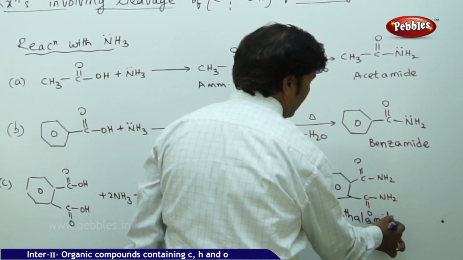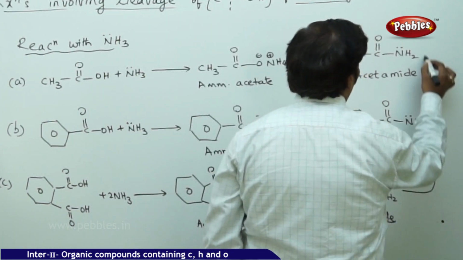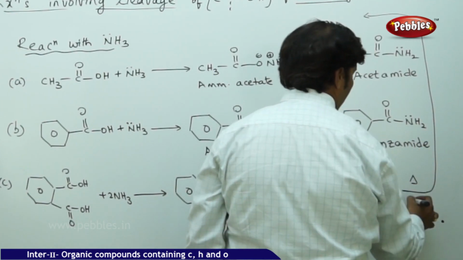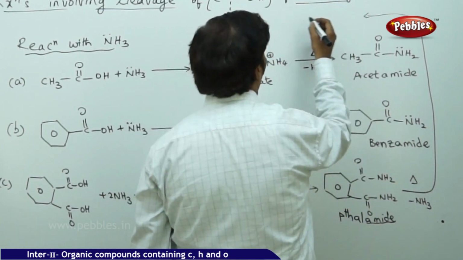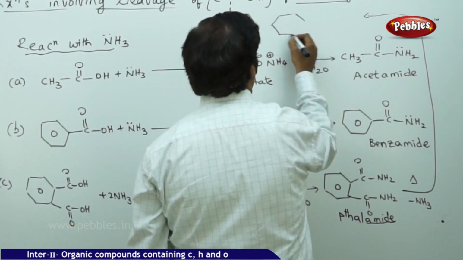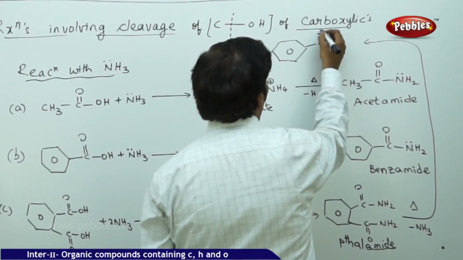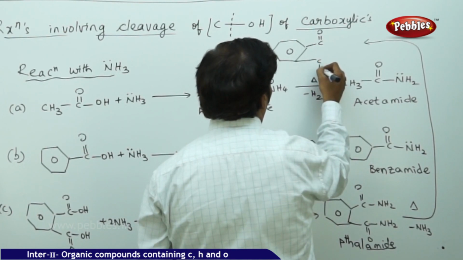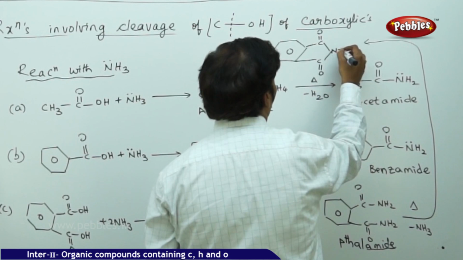I am underlining. Again you have to heat this. If you heat, 1 molecule of ammonia is lost, and you are going to get a new compound, that is a benzene ring with a carbonyl group, one more carbonyl group here, and NH.